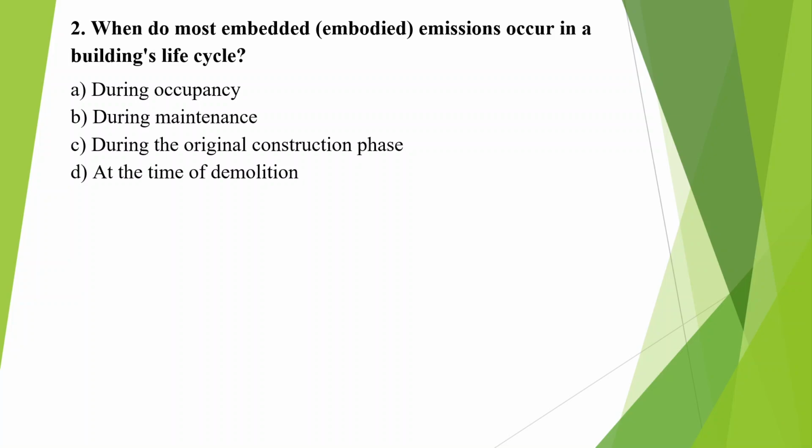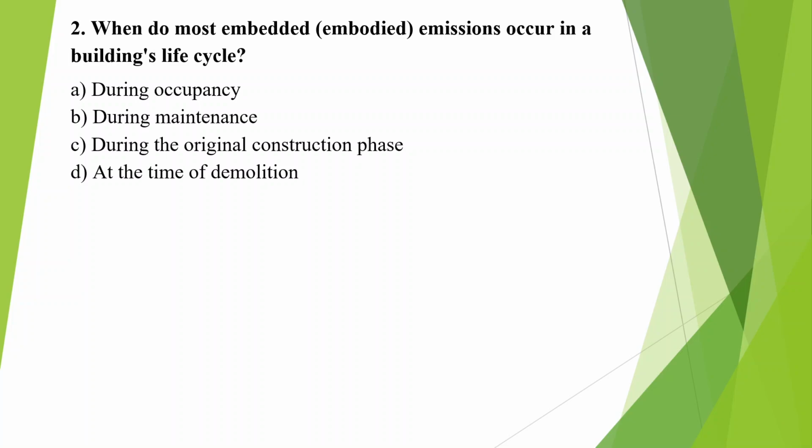When we talk about occupancy or maintenance, these will not account for most of the emissions, as you have also mentioned. When you're talking about demolition, it is a short-term process. Even building a small house takes around 1 year or 6 months, but demolition is not a long-term process, nor does it require so many laborers or skilled laborers, or so much energy.